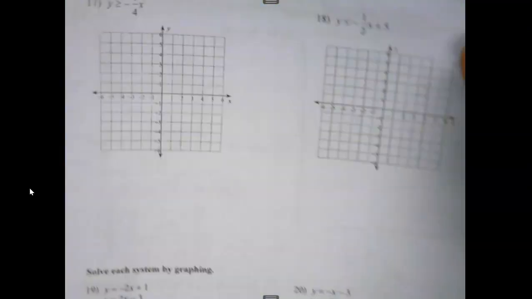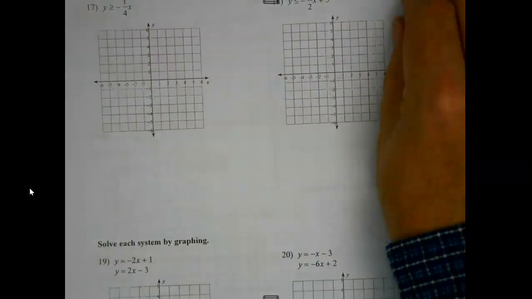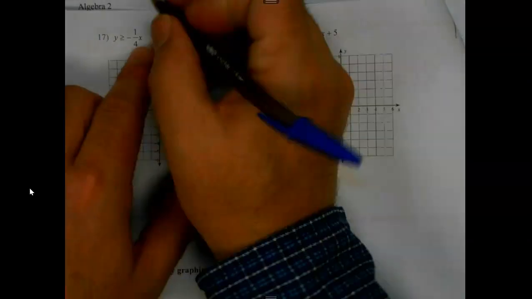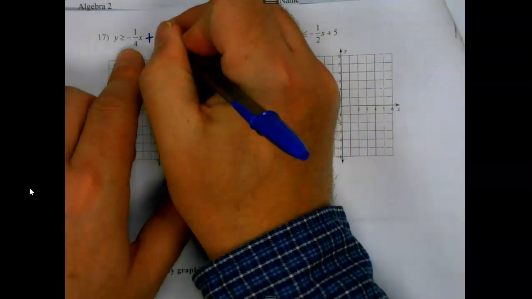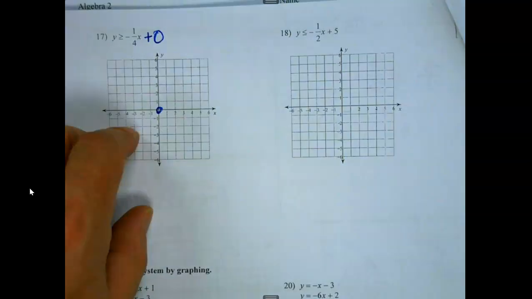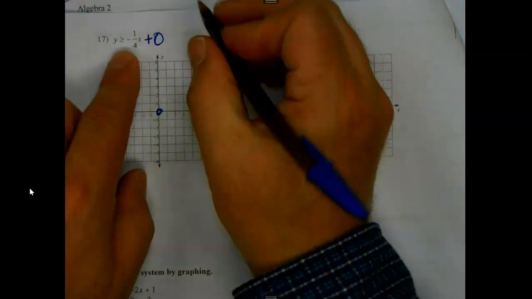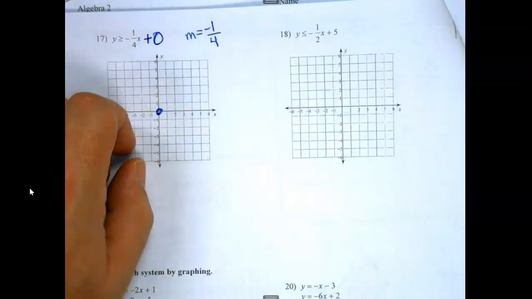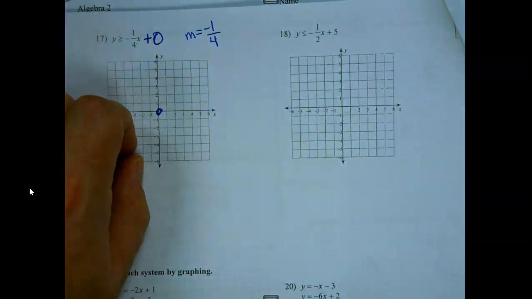We'll save the heavy-duty equation stuff for tomorrow. So I get one more graph here. If I don't see an intercept at the end, it's going to be at 0. And just a reminder when you're doing slope, if it's negative, it means it's negative on one number, and one number only, not both. Either one's fine, though.